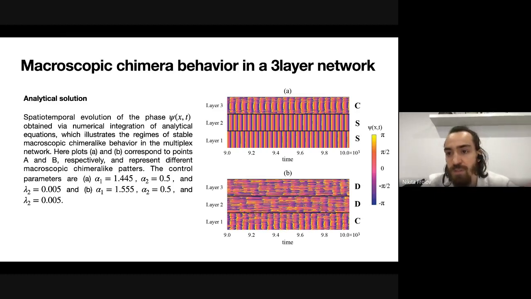In figure A, one can see that one layer goes to chimera and two others are synchronized in antiphase, while in figure B, at the other boundary, we can see two desynchronized layers and one demonstrating chimera behavior. We have also checked with this approach that this phenomenon does not depend on the number of elements within each layer, and is quite stable after a large number of cycles of numerical integration.